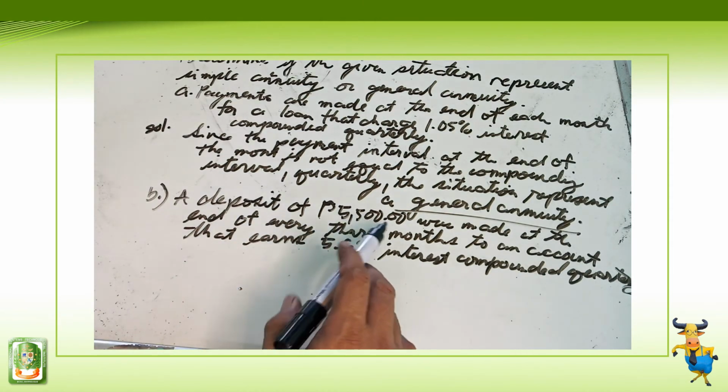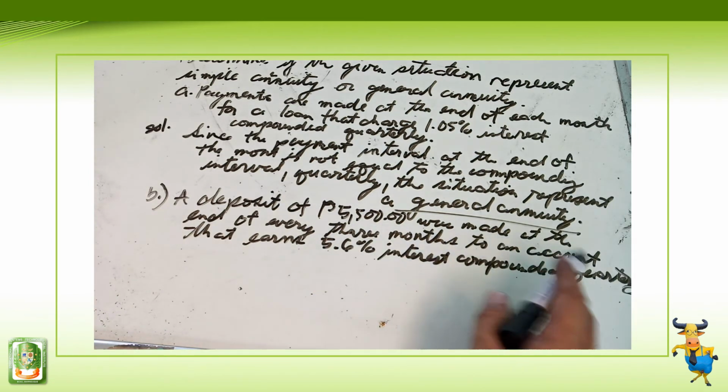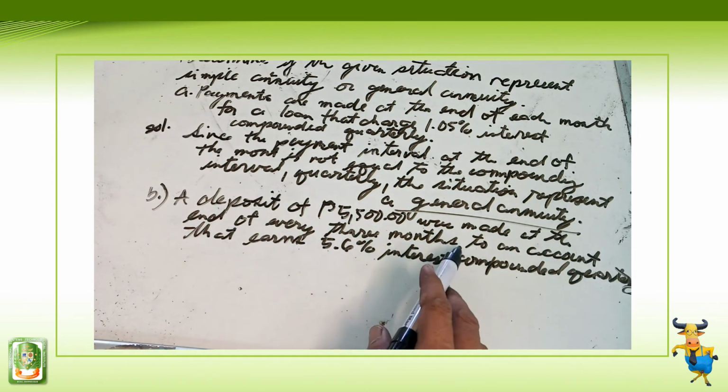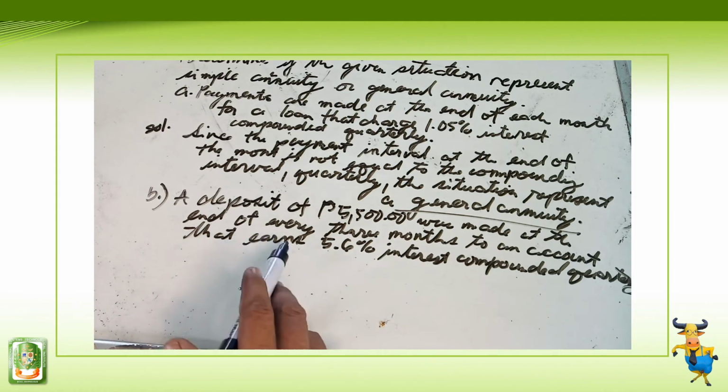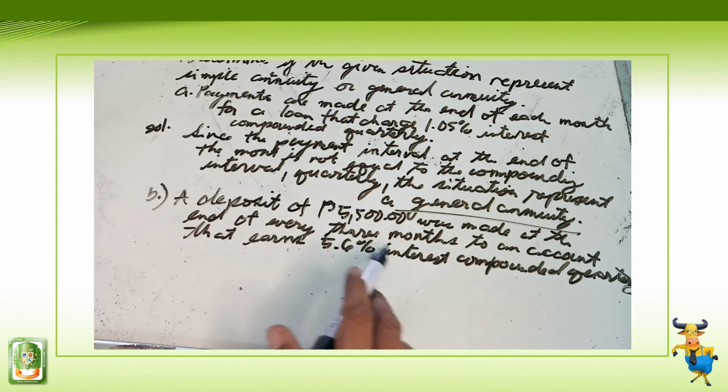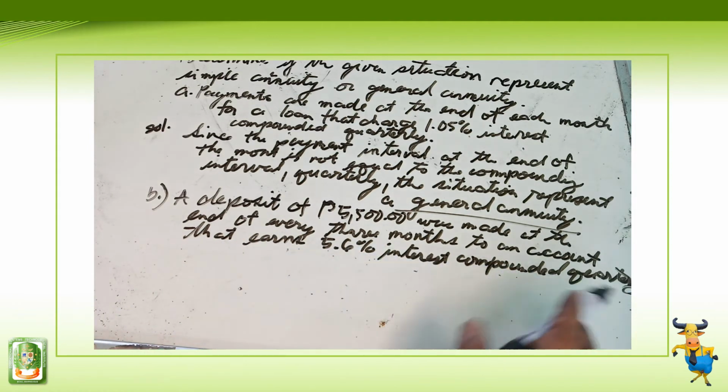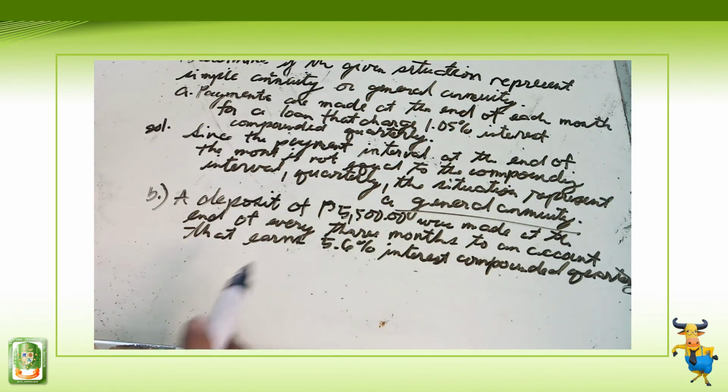Okay. A deposit of 5,500 pesos was made at the end of every 3 months to an account that earns 5.6% interest compounded quarterly. So, quarterly yon. So, yun yung compounded interest niya na nakuha sa 5,500 natin.